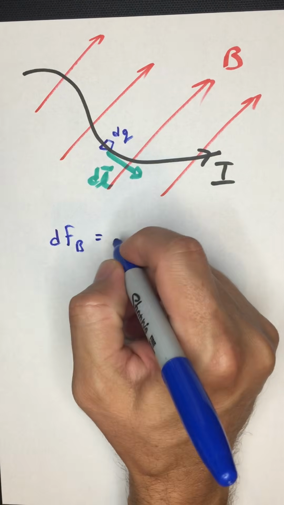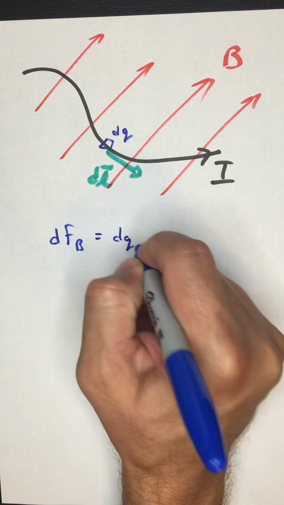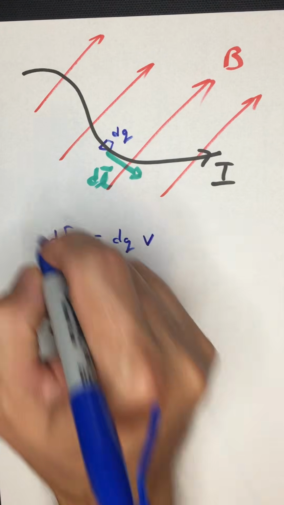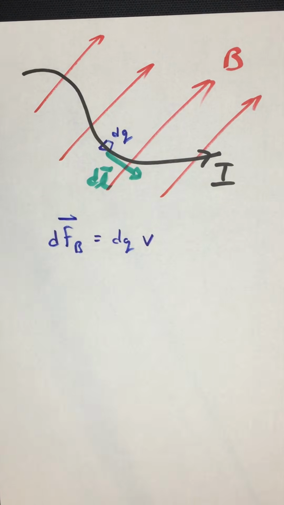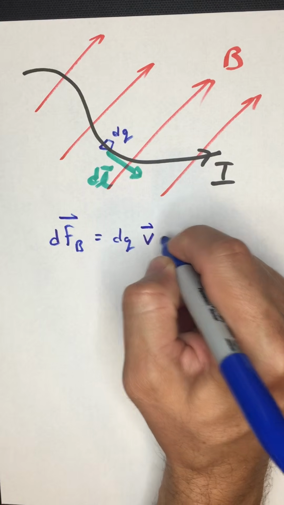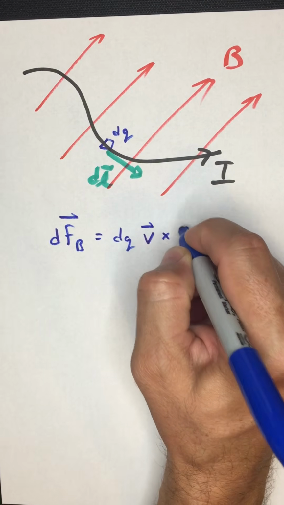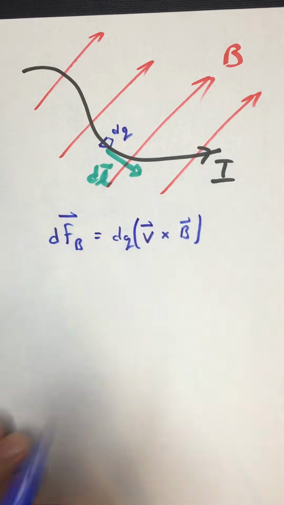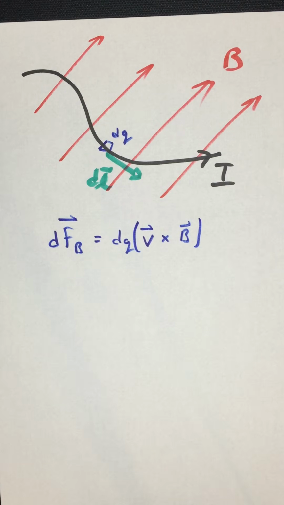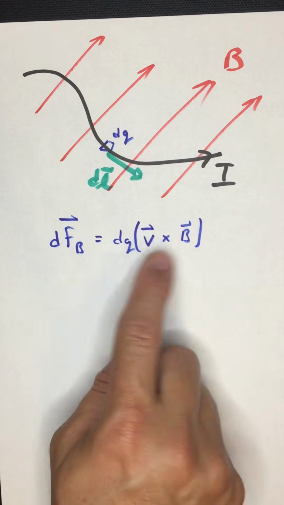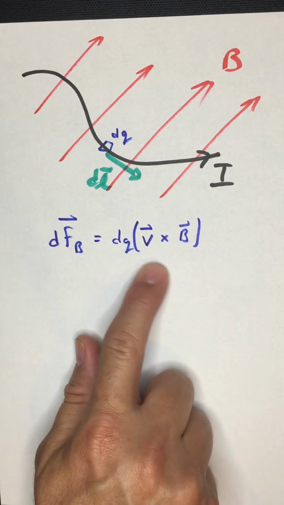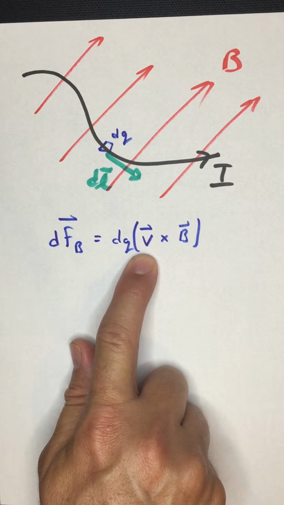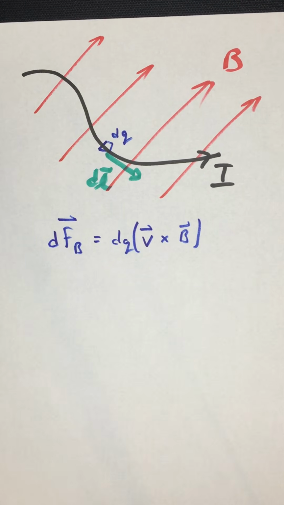All right, I get the charge dq times its velocity, and I should make this a vector, v cross B. I can put this in parentheses if you want to. This is the full calculus treatment of the magnetic force due to a charged particle moving with a velocity v in a magnetic field B.